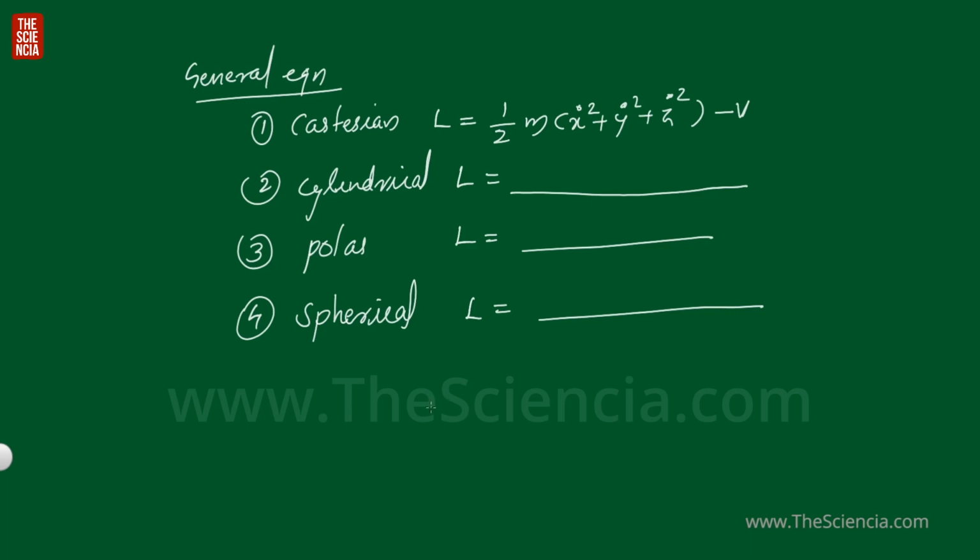Now I am going to tell you some tricks and tips. Without solving all the equations, you can easily find the corresponding Lagrangian by just looking at the problem. But there is a condition. In the problem, they should specify the diagram. Then it will be much easier, or you have to draw the diagram specified in the problem.